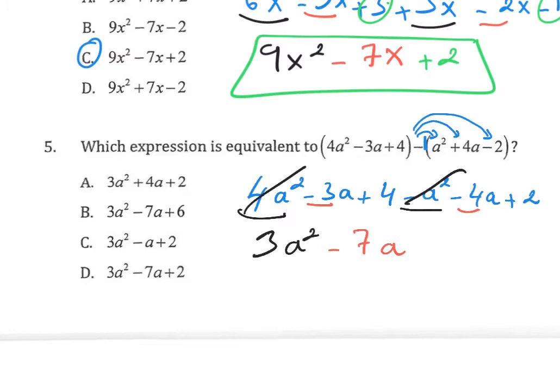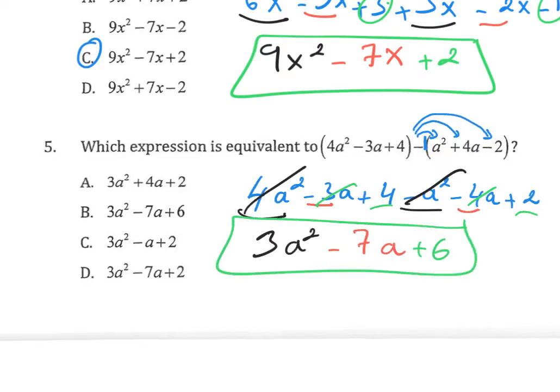And the next one, we have 4 and 2, that will be positive 6 here. All right, so this is going to be the final answer, which is B: 3a squared minus 7a plus 6.